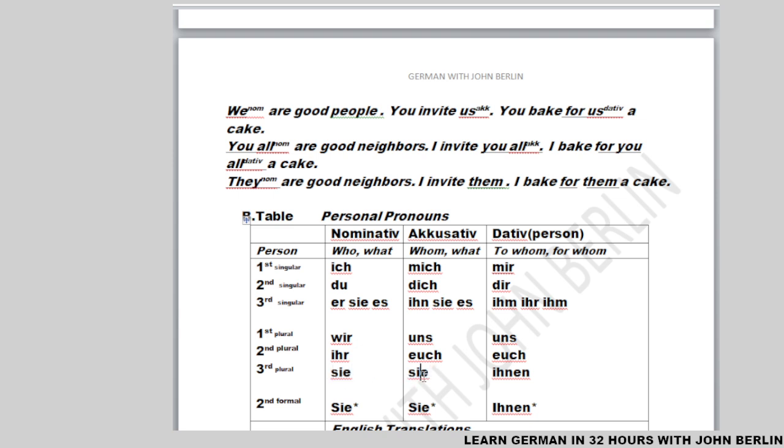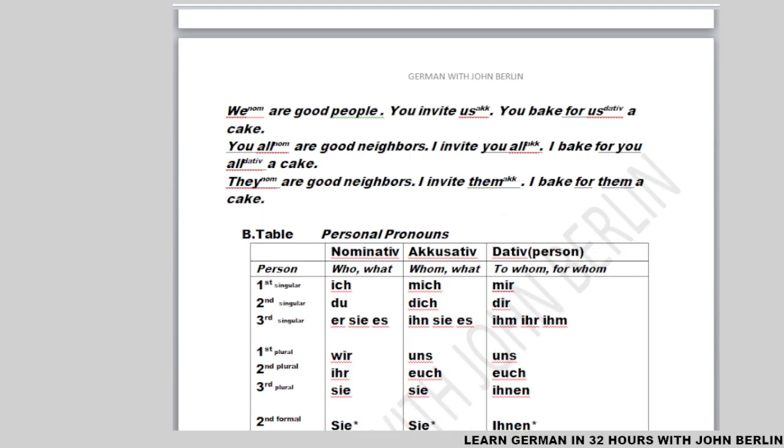Subject and direct object look the same. No problem. So them would be accusative, and I bake for them a cake. The question is, for whom do I bake a cake? The answer is for them. In German, we call it ihnen. So ihnen is Dativ. Perfect.